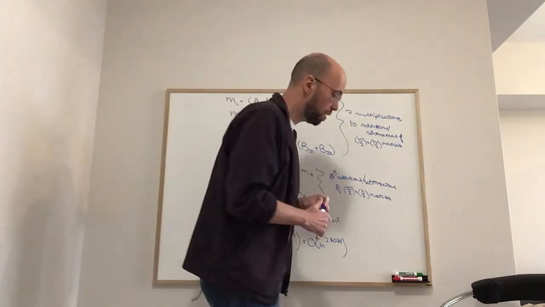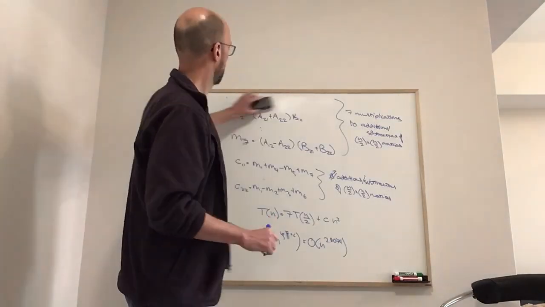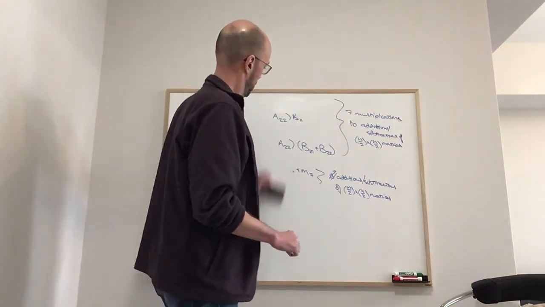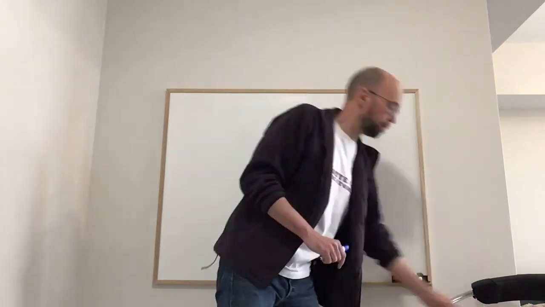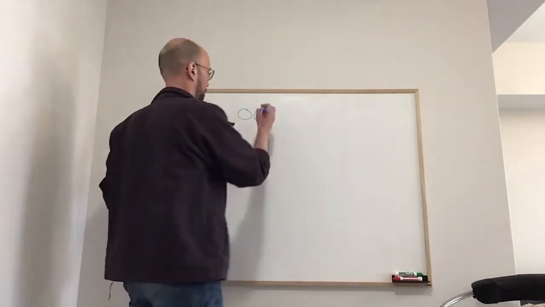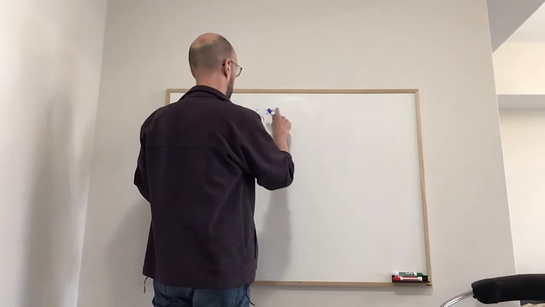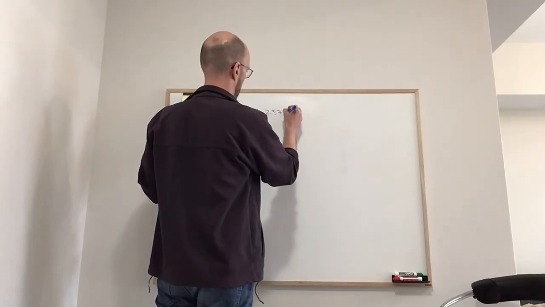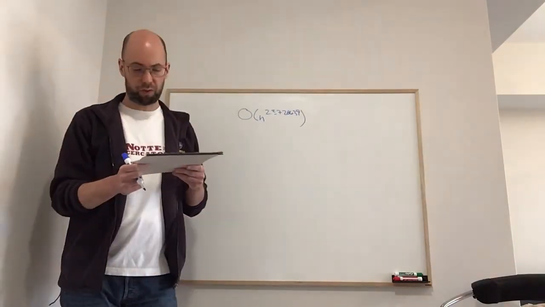So the current best is order n to the 2.8639, no, sorry, 2.3728639, and that's by Le Gall. That was from, I believe, 2014.